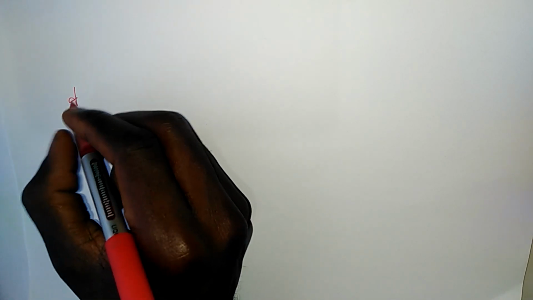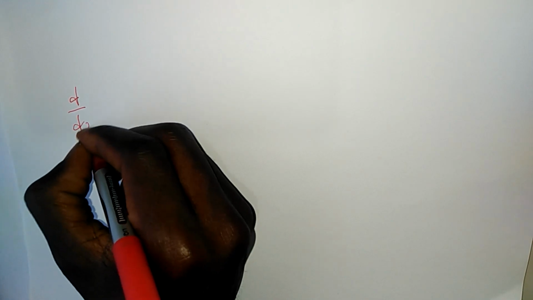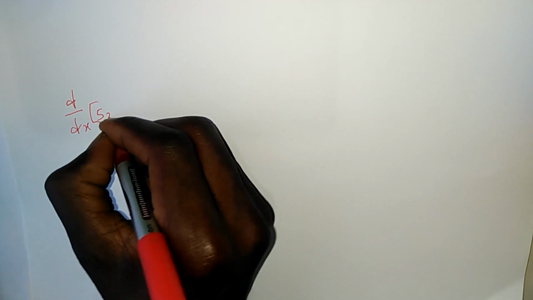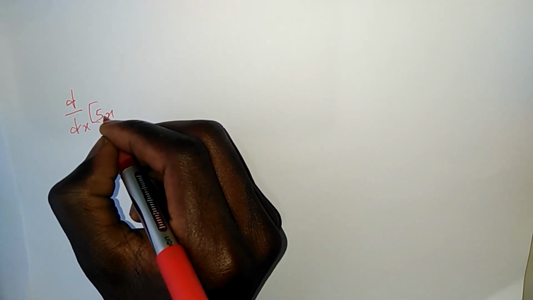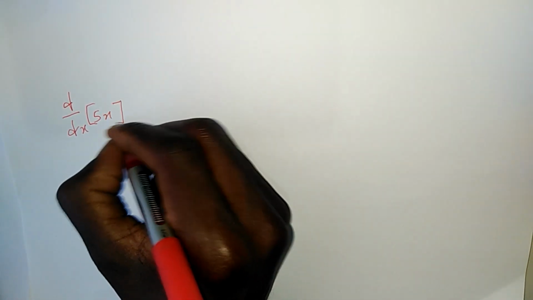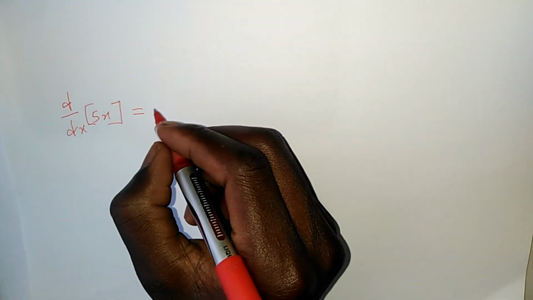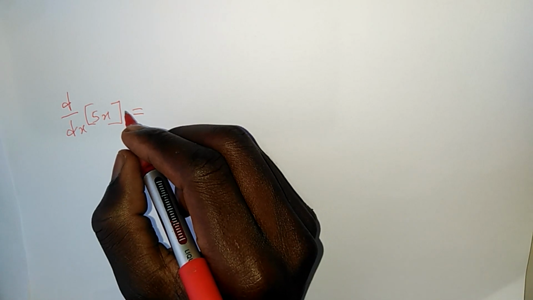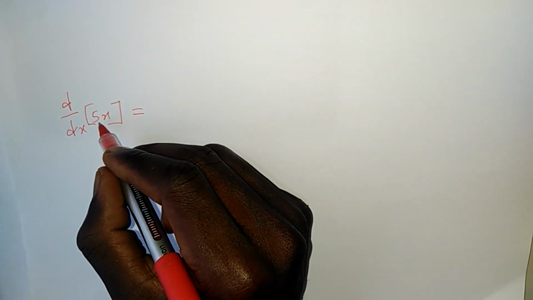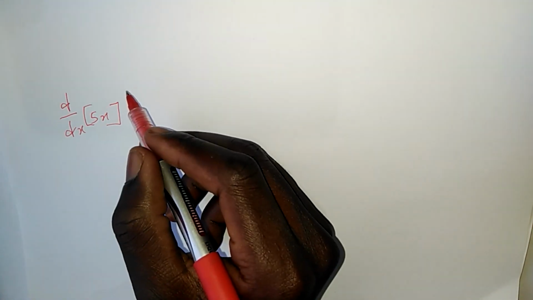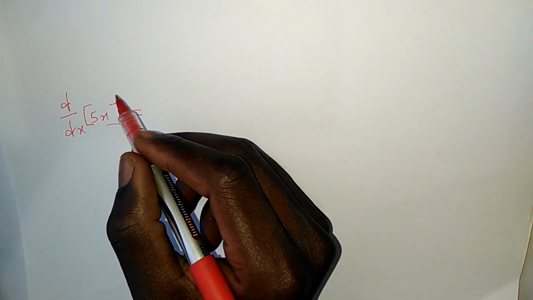So let's say we have another question. Find d over dx of 5x. To find the differential of this particular function, first of all, we have a constant here and just x here. You can move the constant to the front, then go ahead and find the differential.